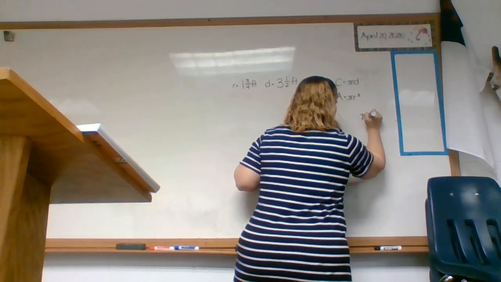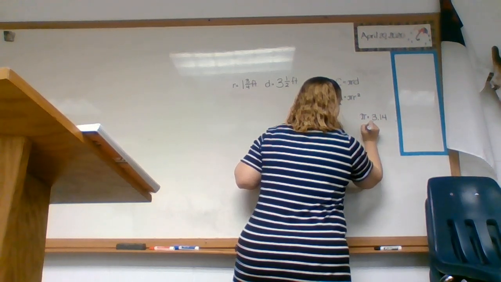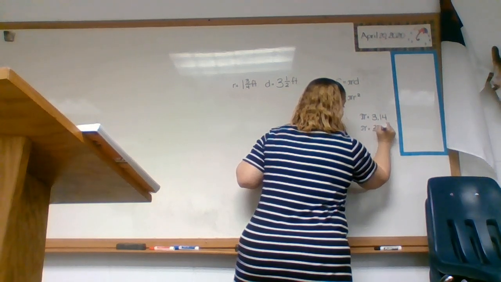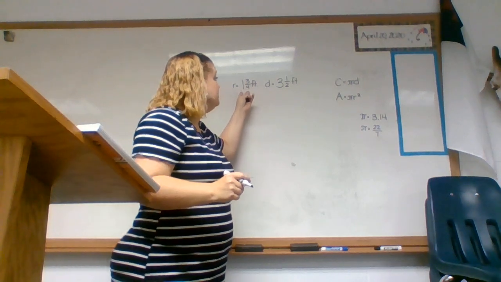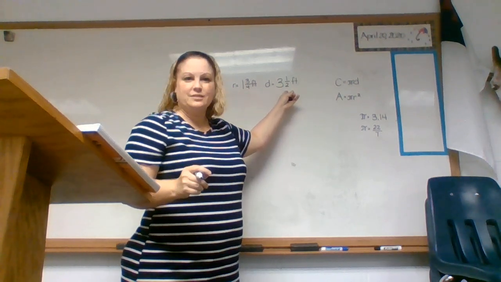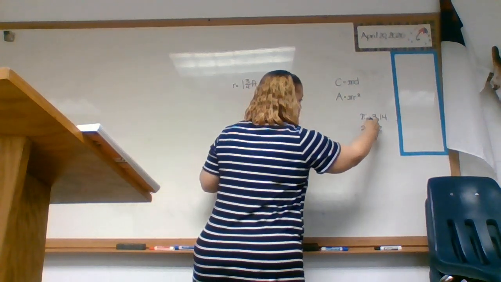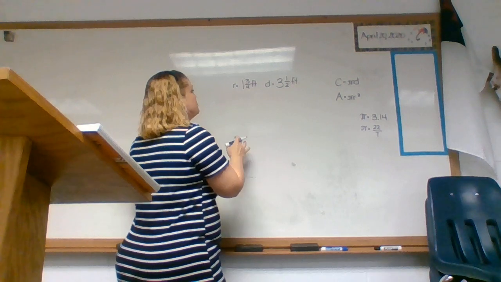Pi can either be 3.14, which we're used to using, or 22/7. You could convert these to decimals if you want, but to me, it just makes more sense to use the fraction form. So that's what I'm going to do here with you right now.